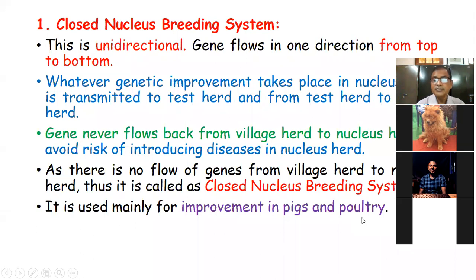If the salmonella infection is there in the poultry or taken from the outside, naturally that entire flock will be affected with salmonellosis. Or if there is fowl cholera, and you enter the birds into the nucleus herd without testing, all the birds will die due to fowl cholera or due to Ranikhet disease like this.